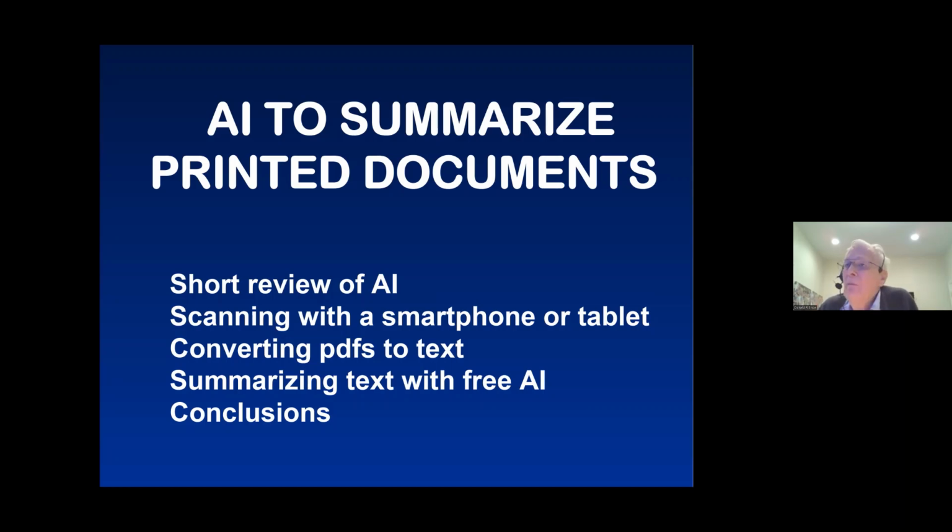I'll show you a program, and there are many of them, that will convert the PDF directly to text because that's usually what you need for the free AI programs to actually summarize them. The commercial ones, the ones you pay for, most of those will handle a PDF itself, and you don't have to do this conversion first.